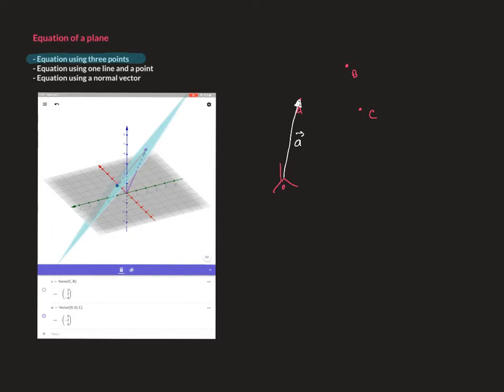But also, any other point in my plane should be a multiple of this vector AB. Let's call it AB.